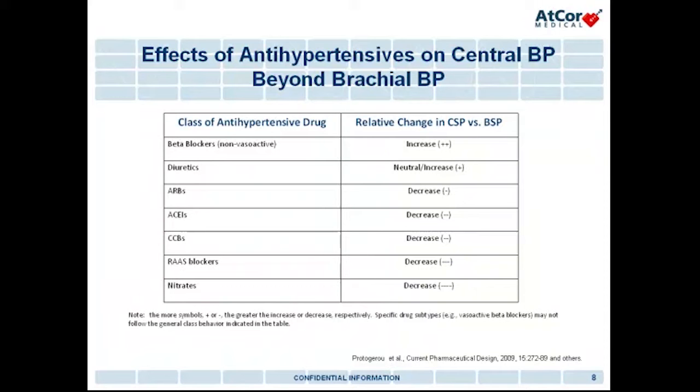Not increase, but the difference. Diuretics tend to be neutral. Angiotensin blockers and ACE inhibitors and calcium channel blockers all disproportionately decrease the central pressure as compared to the brachial pressure. Aldosterone antagonists are a little more controversial, so I'm just telling you they're controversial.